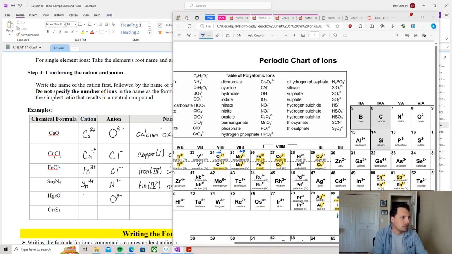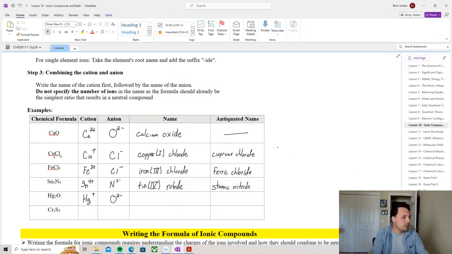So this is actually Hg2, mercury 1. Okay, so we would name this one mercury(I) oxide.